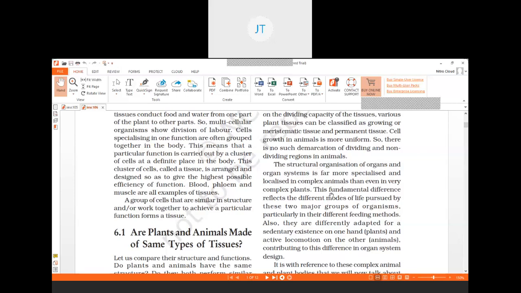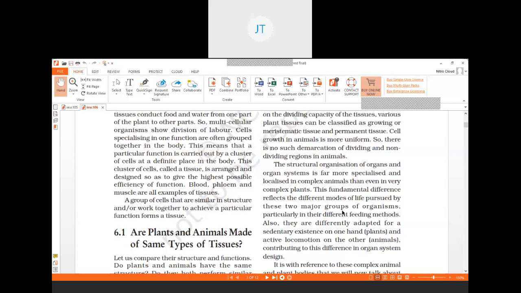This fundamental difference reflects the different mode of life pursued by these two major groups. The pursuit of the plant is only remaining alive, doing photosynthesis and making their food, and reproduction at certain times. That's it. That is the only life pursuit of the plant. But when we talk about the life pursuit of animals like us, human beings, we are pursuing different possibilities.